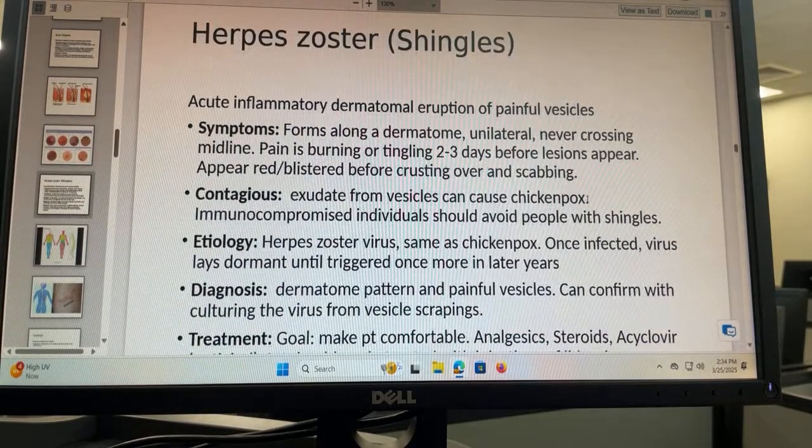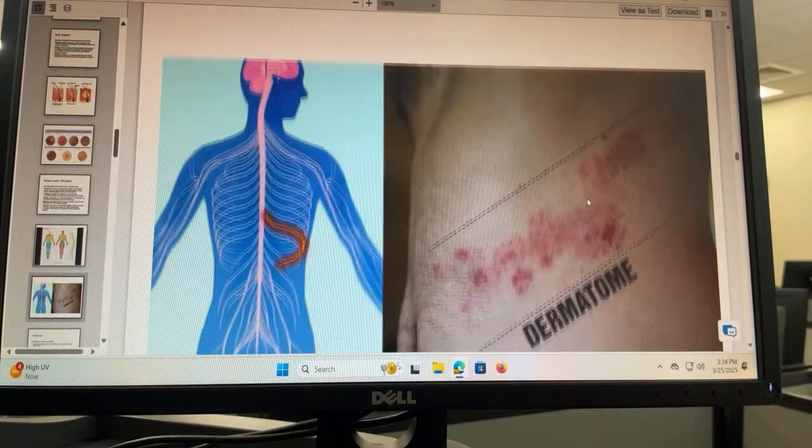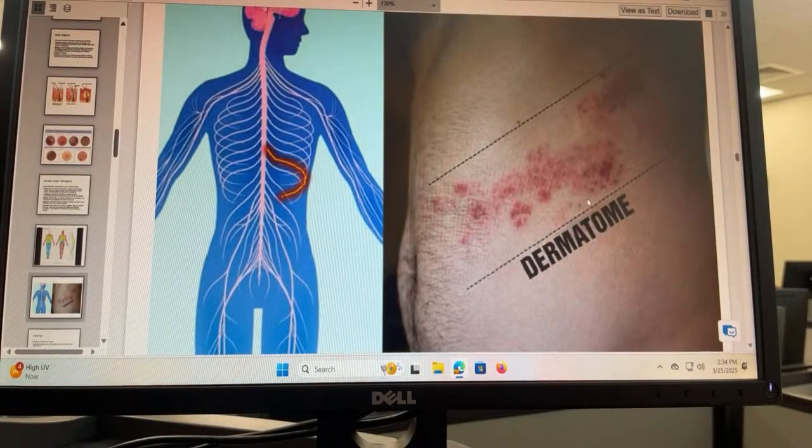When you have a flare-up of herpes zoster, or shingles, they form along the dermatomes. They will be only on one side and they will never cross the midline. Here's an example. You can see that the rash has formed along the dermatome, and on the left side they show you which nerve the virus must have been lying dormant in.